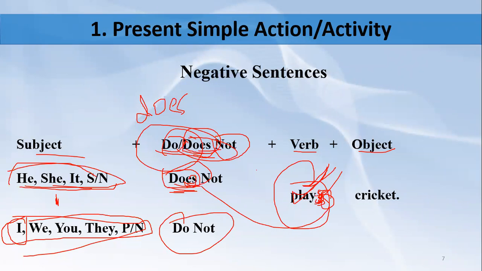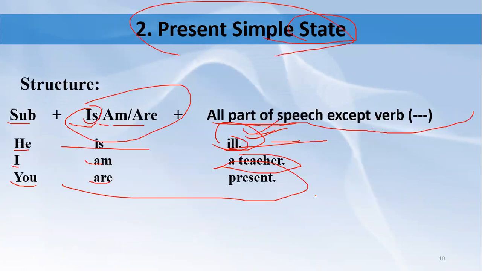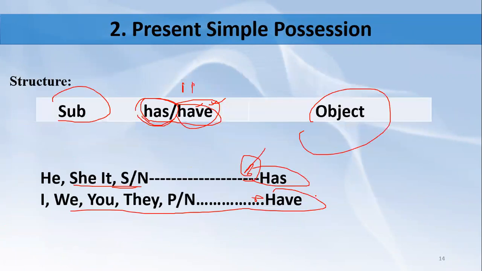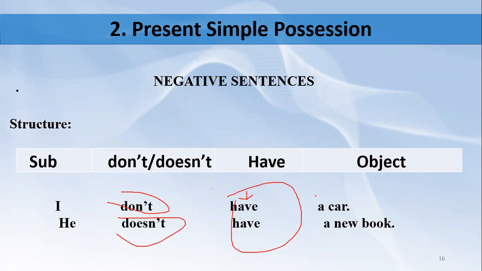In the same way, here we use only have, not has, clear. Here is the structure. So I do not have, he does not have. Sometimes students confuse this structure and write he does not has, that is grammatically incorrect. He does not have, I do not have, fine.